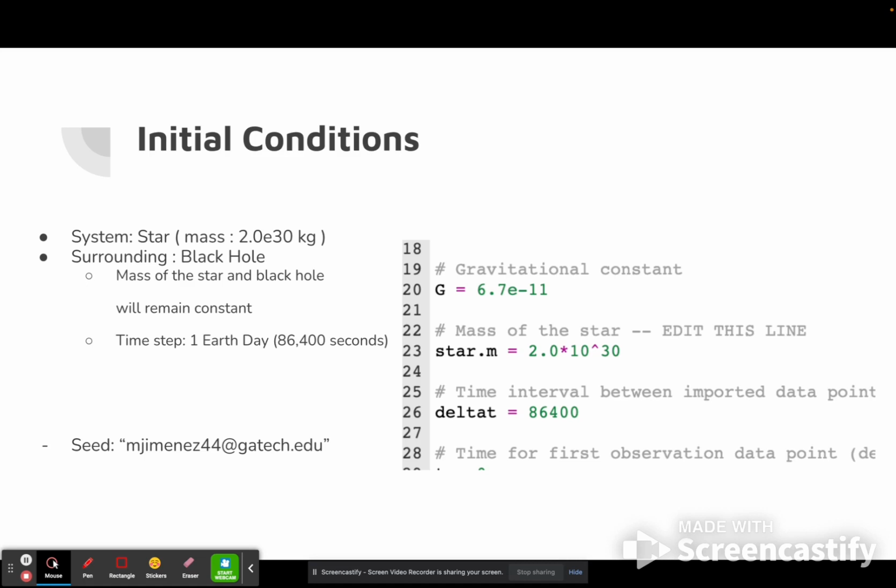Also, the time step will be set to that of an Earth day, which is 86,400 seconds. With this, we will be able to calculate the mass of the black hole using the net force, star position, and star mass. And for my seed, I placed my Georgia Tech email.